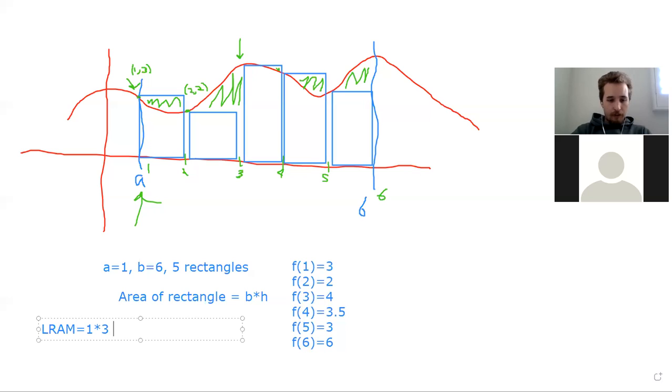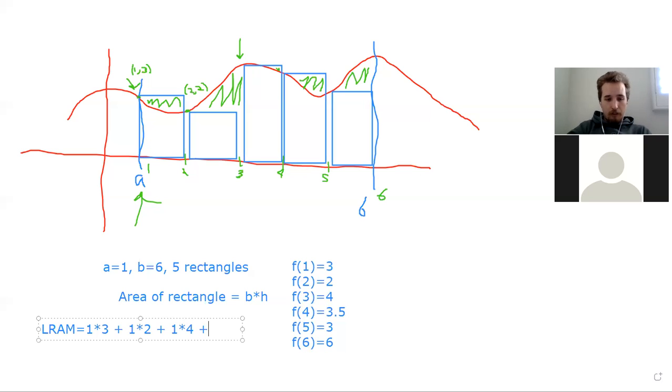So 1 times 3, and then the base of the second rectangle is still 1, and the leftmost point height of the second rectangle is 2. Then we go to the third one, right? Base is still 1, and we already know that the leftmost point height of the third rectangle is 4.